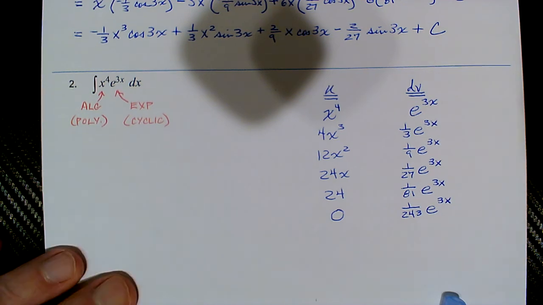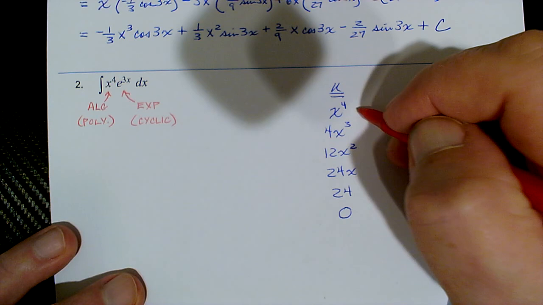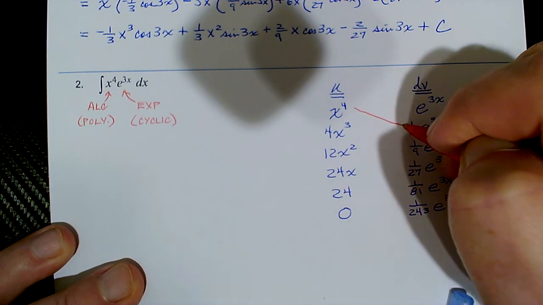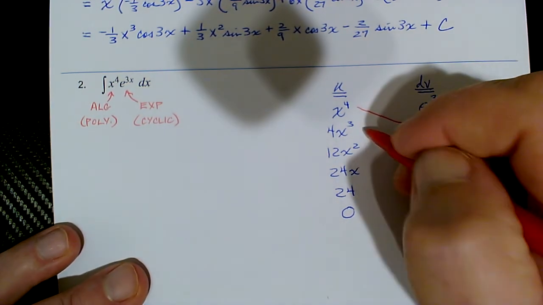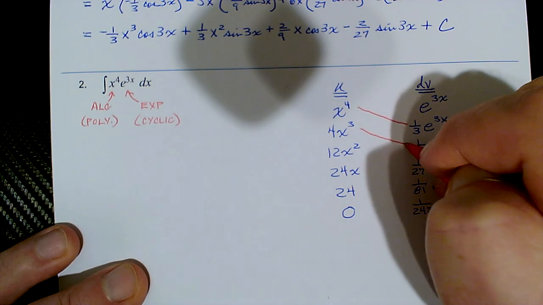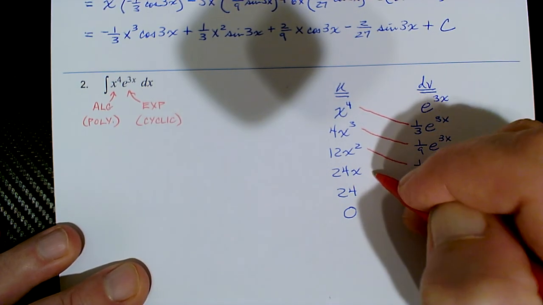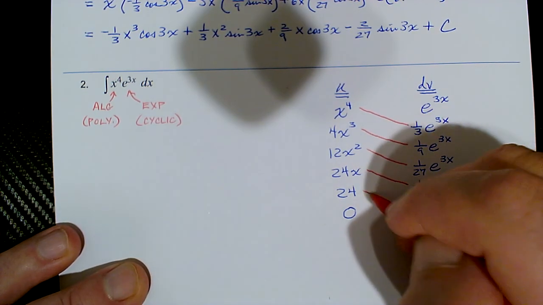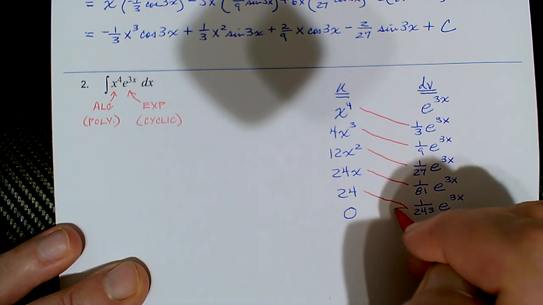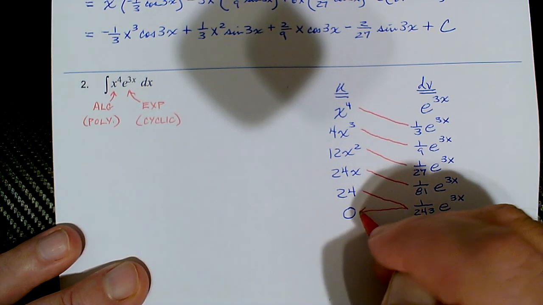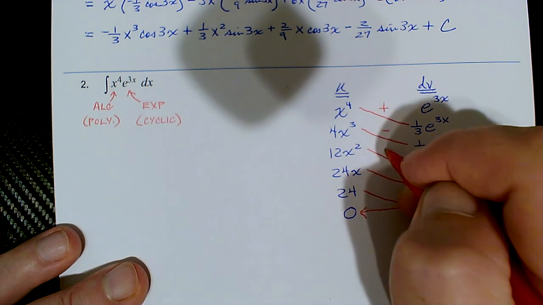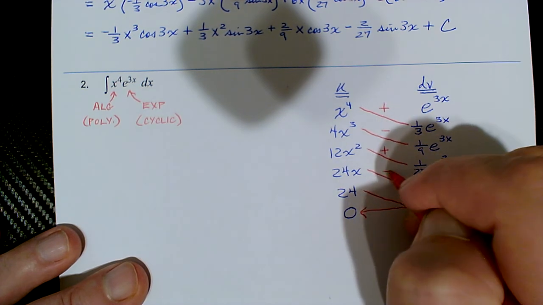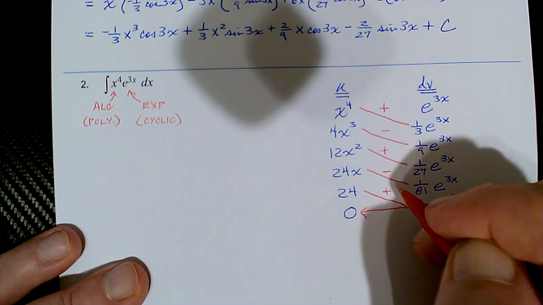We just take the product of the first entry in the u column and the second entry in the dv column. That's our first diagonal product. And then all of the subsequent parallel diagonals, and the product of the horizontals. We alternate signs, always starting positive, so positive, negative, positive, negative, positive.